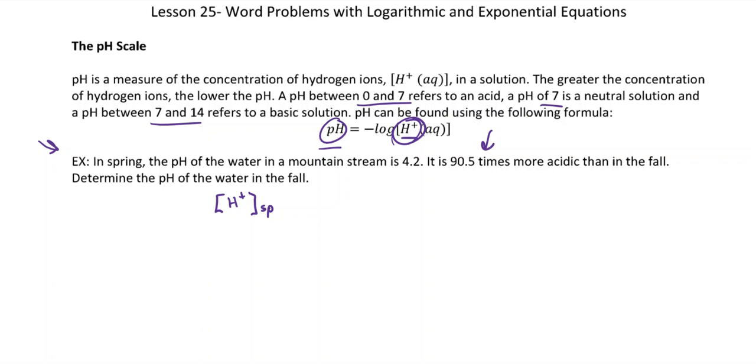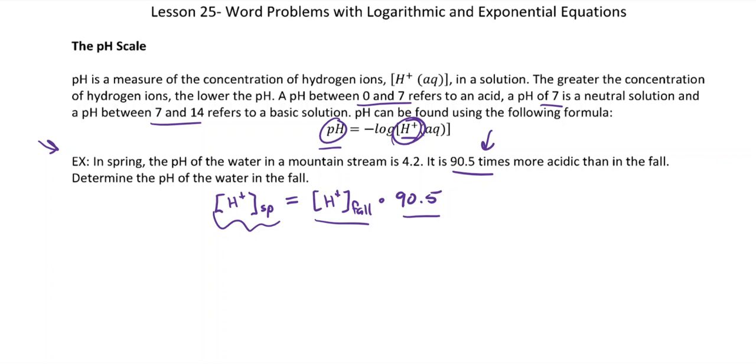This is the number of hydrogen ions in the spring, is equal to the number of hydrogen ions in the fall, and then times 90.5. Do you guys kind of see that? That the spring would be whatever the fall was times 90.5, right? Is 90.5 times more acidic. That's kind of our starting point there.